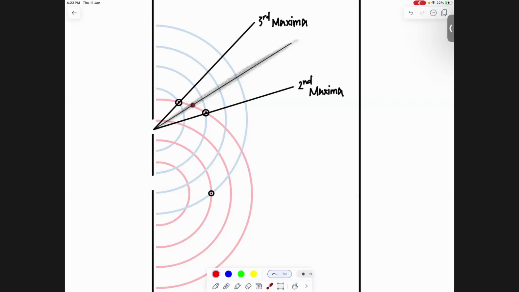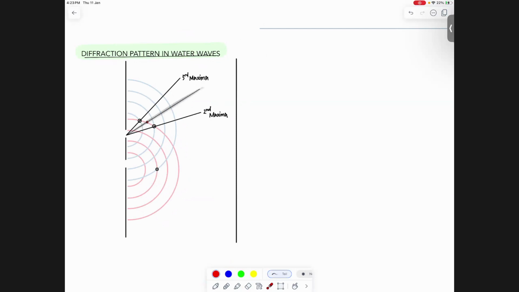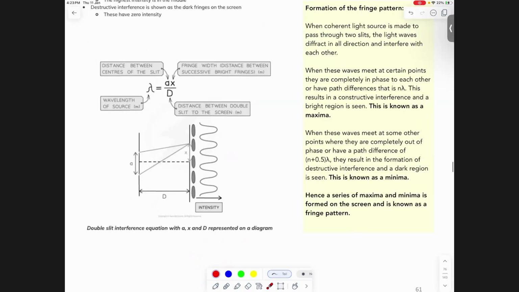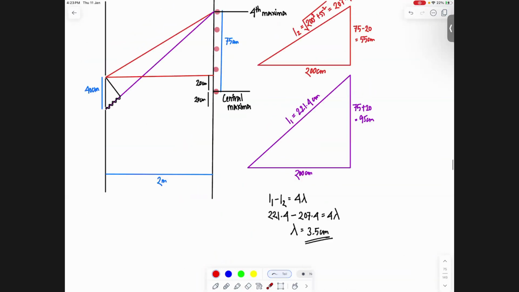Their drawings are very difficult, unfortunately, but I think I might have given a diagram. In the exam, they'll give you the diagram. You just need to label it.